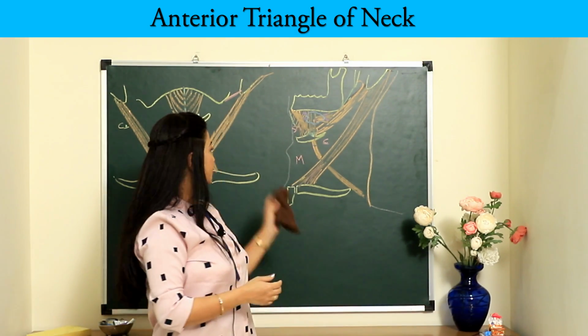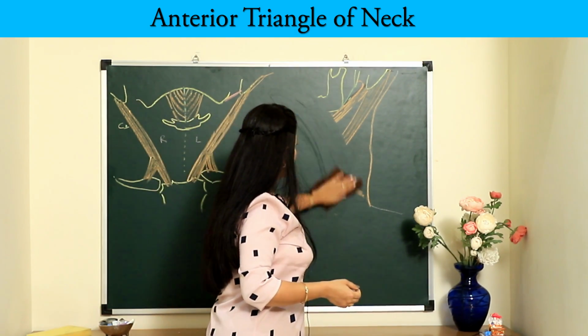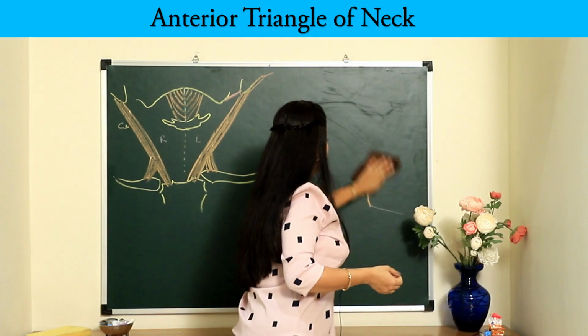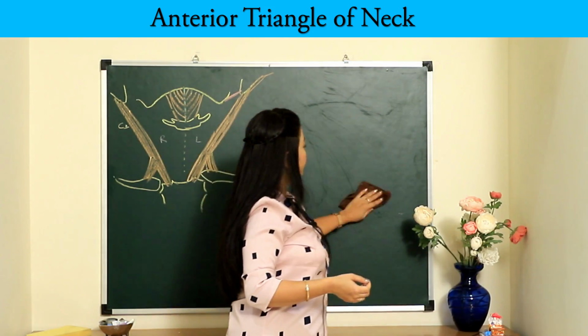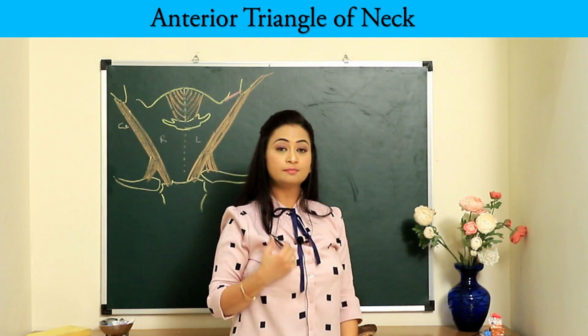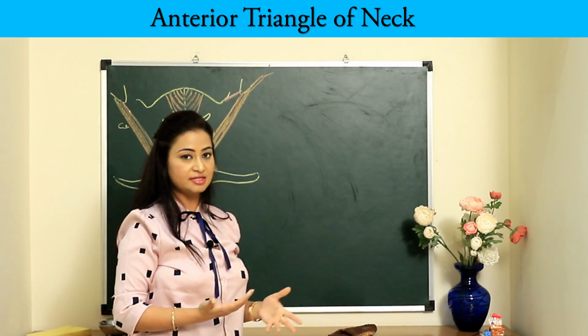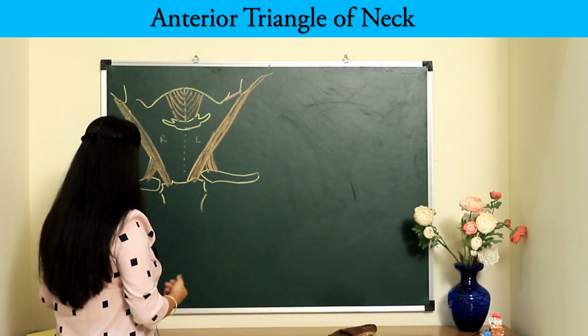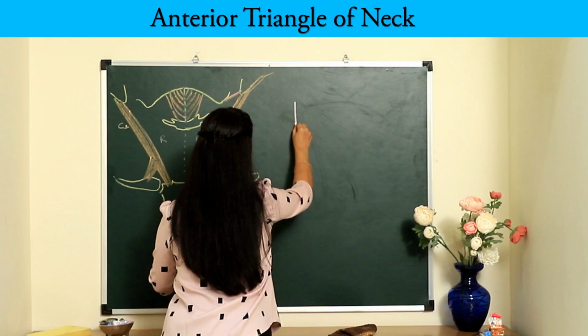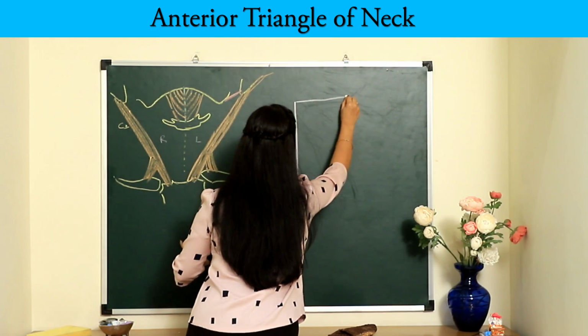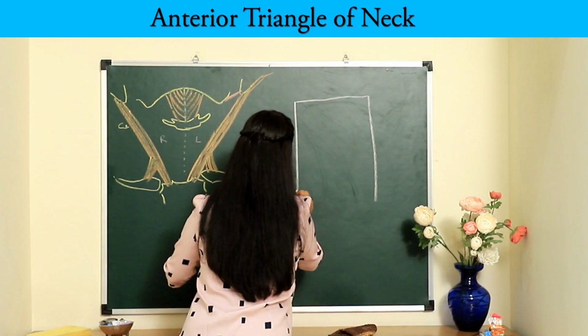I will be showing you a little schematic diagram with the help of which you will be able to enumerate the boundaries of all these triangles very simply. That is, suppose we represent the side of the neck using a quadrilateral.